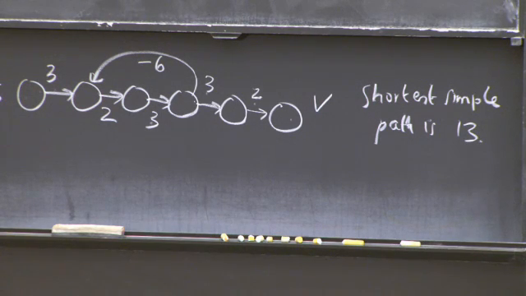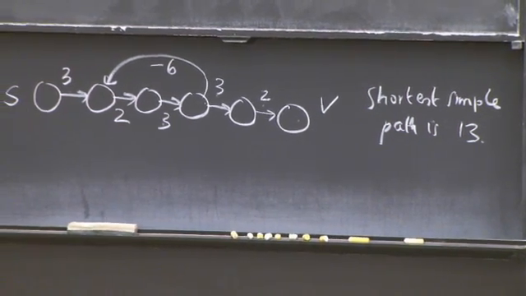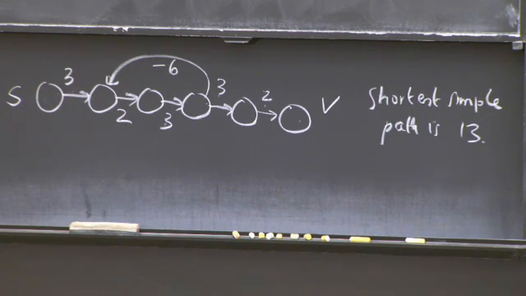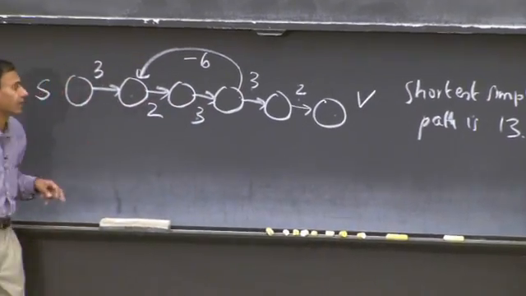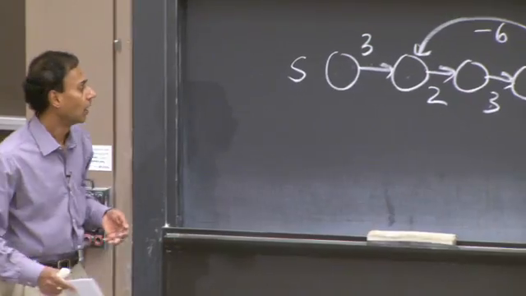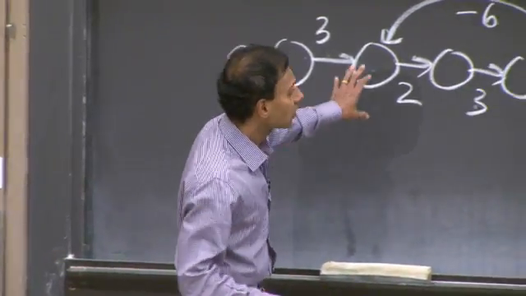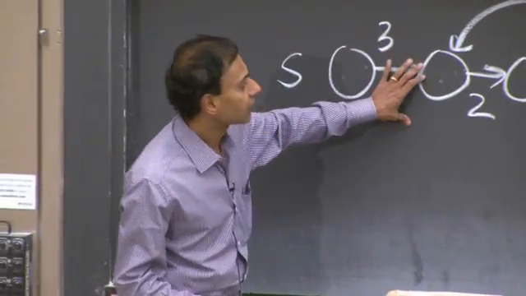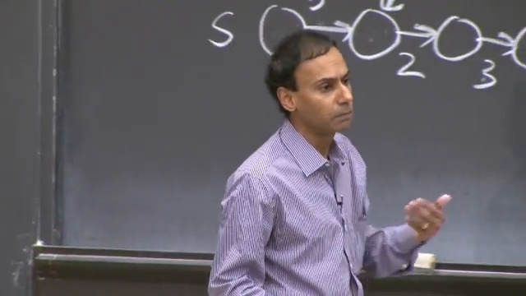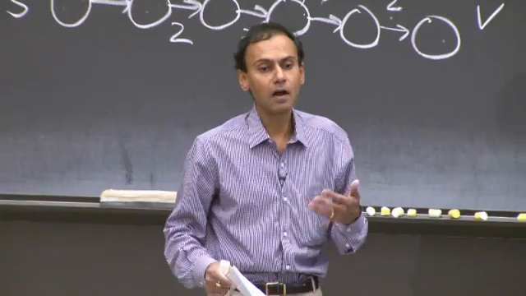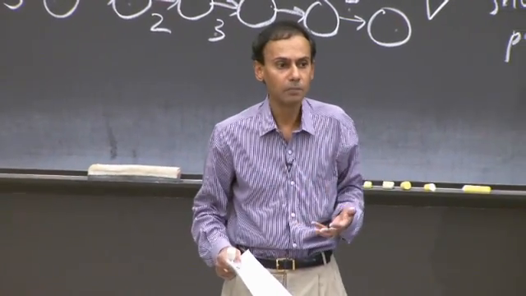After it does its V minus 1 passes, V is reachable from S, but you potentially go through a negative weight cycle before you reach V. So it turns out that if you have a graph with negative weight cycles, finding the shortest simple path is an NP-hard problem. It's a really hard problem.